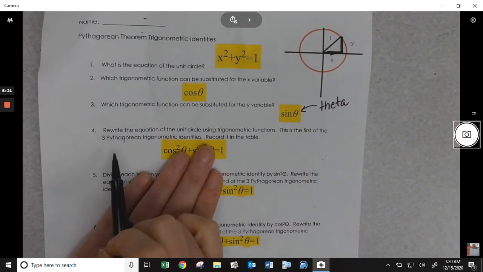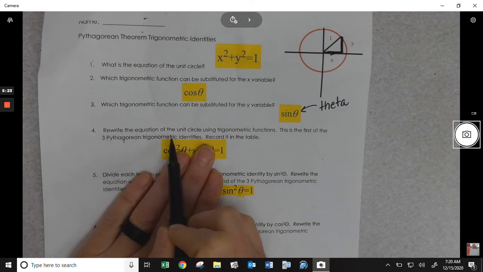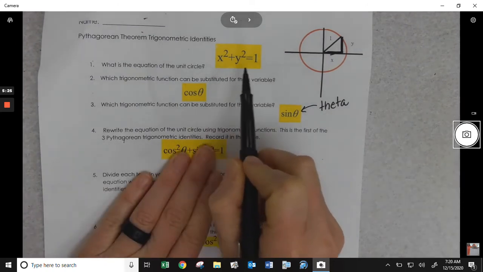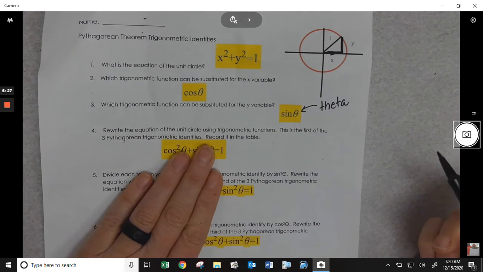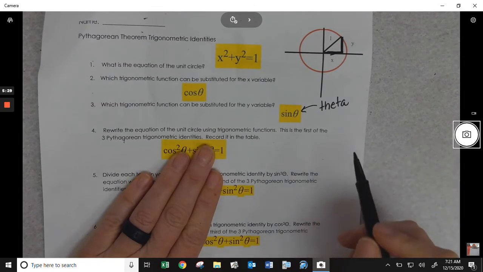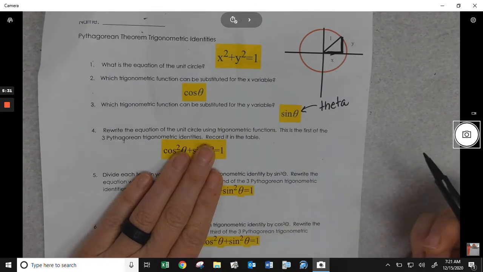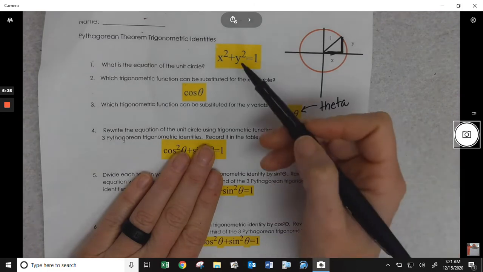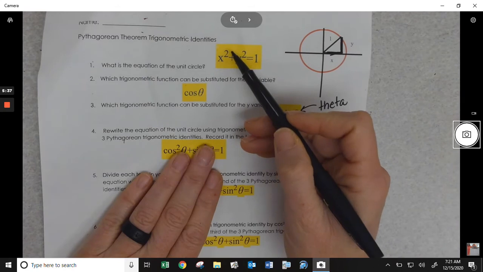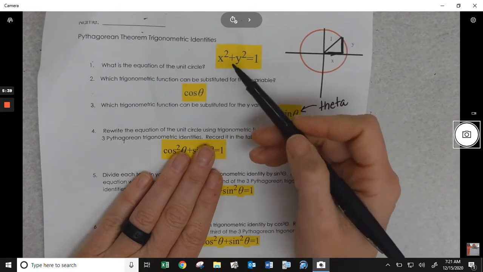Question 4, rewrite the equation of the unit circle, which was up here, using trigonometric functions. This is the first of the 3 Pythagorean trig identities and recorded in your table. So instead of x squared, it's cosine theta squared.